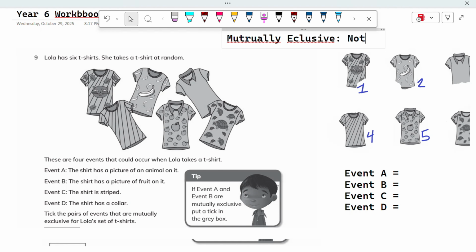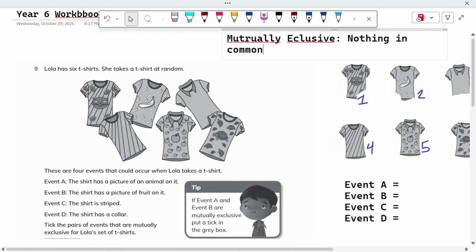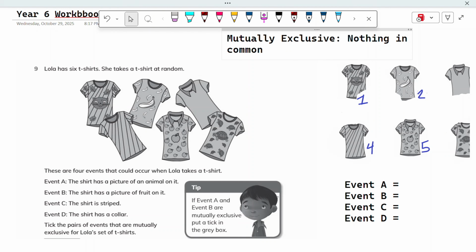So nothing in common. At least for this example, this works. In other words, they do not have any of their elements being the same. So we are going to look at that with an example.